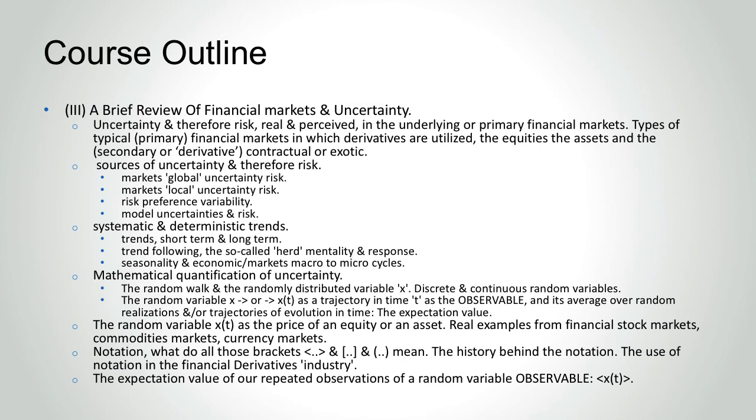And then we'll move to the mathematical quantification of uncertainty. And that is by, for example, the statistics and the stochastics. And we'll talk about the random walk, which is the quintessential stochastic evolution or trajectory concept. And from that, the randomly distributed variables and how they're either discrete or continuous. And that means discrete is point by point across different time increments, for example.